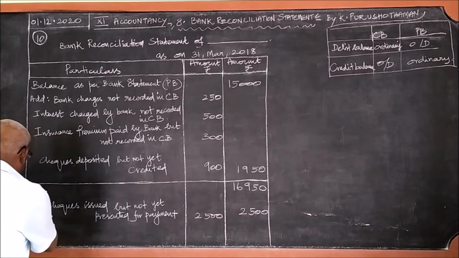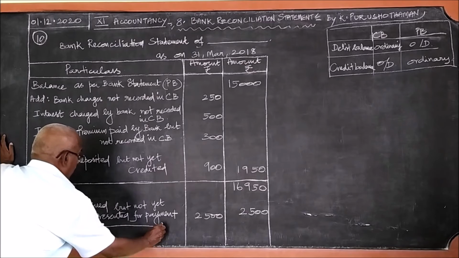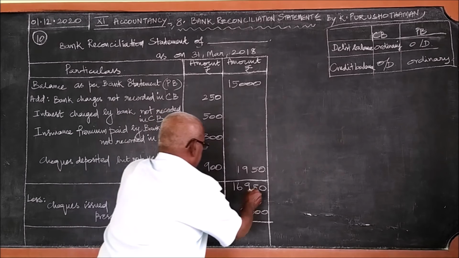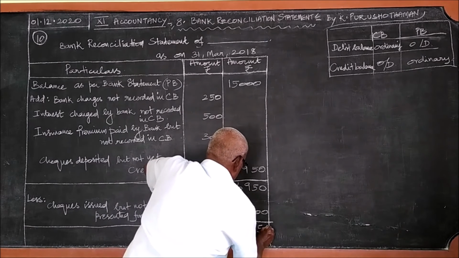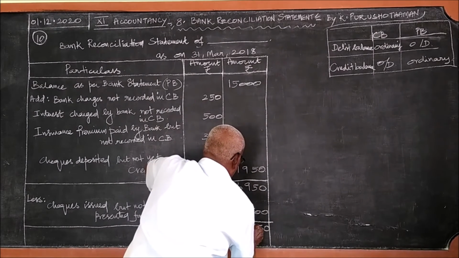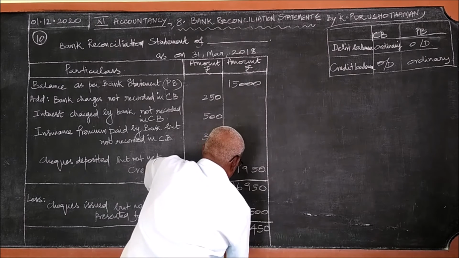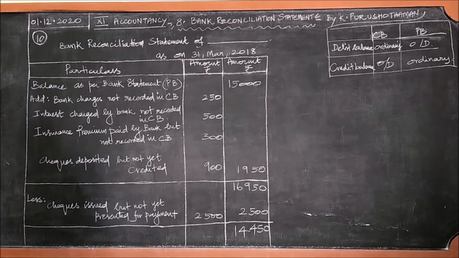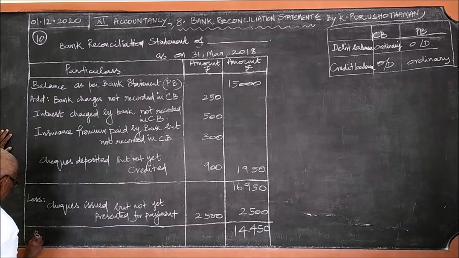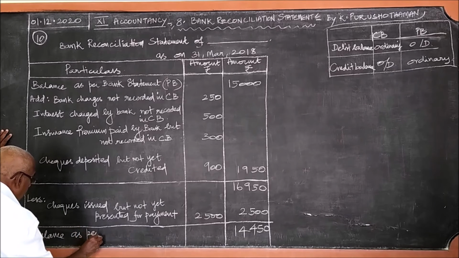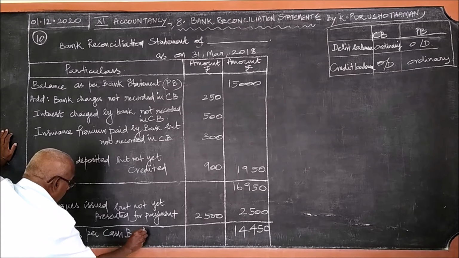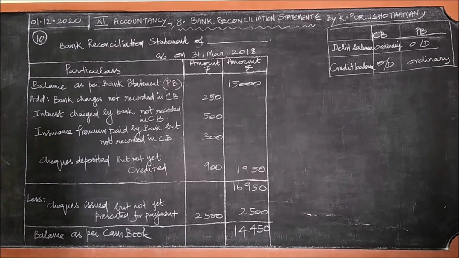So 9 minus 5, 4; 16 minus 2, 14. We get 14,450. So balance as per cash book is 14,450.